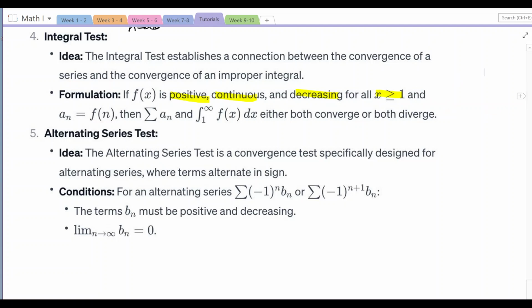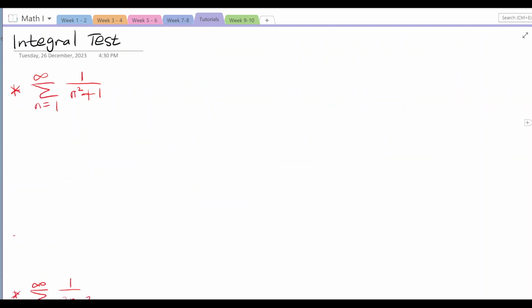So let's take an example of using the integral test for a series. So this is our series. According to the integral test, this particular series must be continuous, positive and decreasing. In other words, the function must be decreasing for x, or in this case n, greater than or equal to 1.